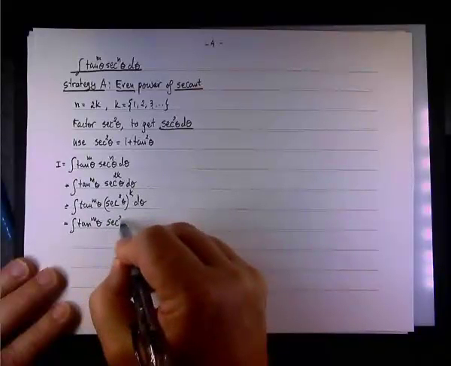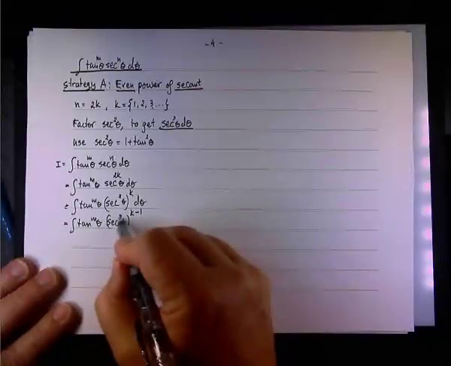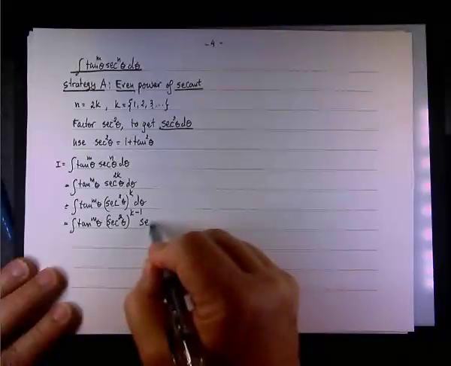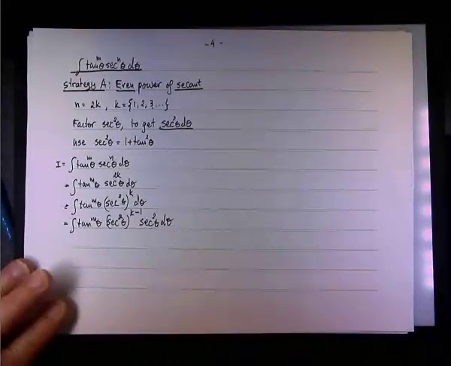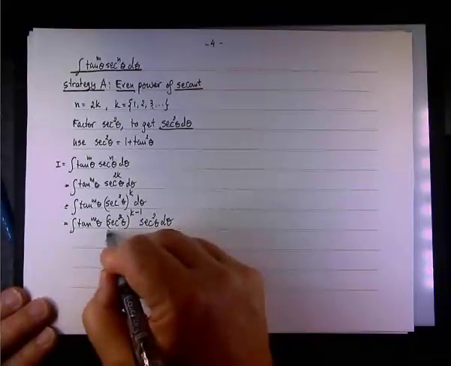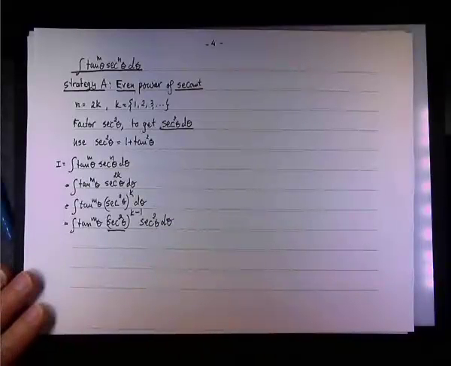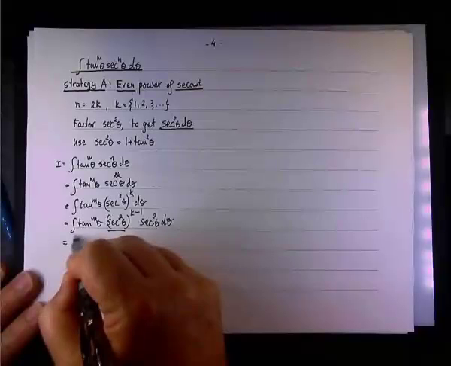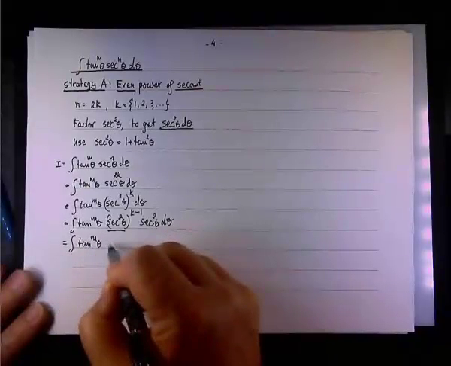Now I want to extract from here secant squared. So instead of secant squared to the power of k, I'll have secant squared to the power of k minus 1. Right? So it means that now we have secant squared available to me. Last thing I want to do is to replace the secant squared with 1 plus tangent squared.